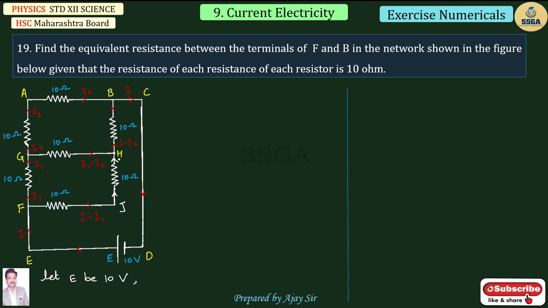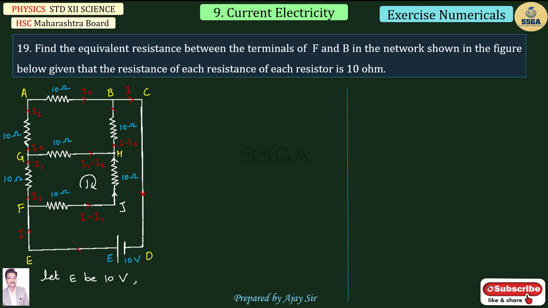Let us consider the loop H, J, F, G. Let us consider this is the first loop, and the direction of tracing will be this direction, that is clockwise direction.